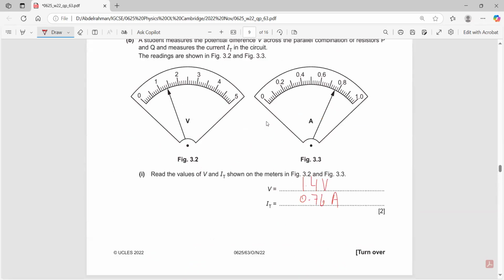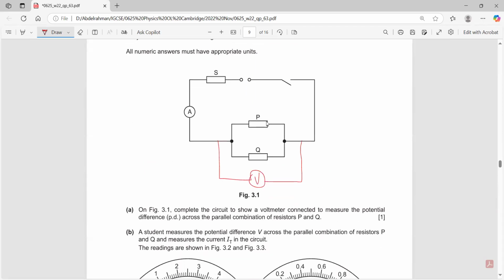Where should I add this variable resistor in this circuit? It should be at this point, for example, right? It will affect the current in S. If you want to put it on this side, again, it's okay. It will not affect P and Q.